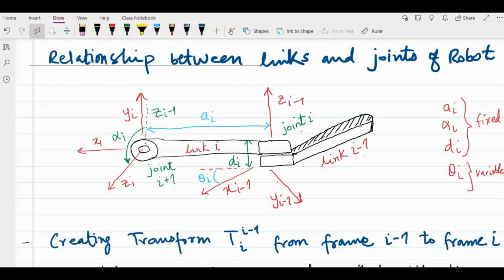Then we move this frame by a distance d, and it will come here. Once it's here, we rotate this frame by the angle theta_i. Now it will be represented in your previous frame. So this is how the DH notation works. This is how we transform one frame to another frame using the DH convention. We just need these 4 parameters.